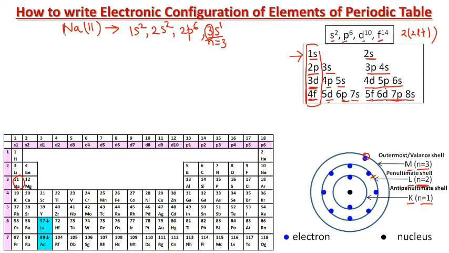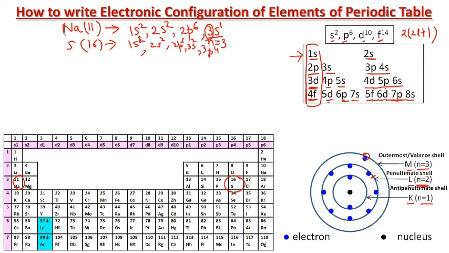Now we will have another example. Say I just want to write the electronic configuration for sulfur. For sulfur 16, the electronic configuration will be 1s2, 2s2, 2p6, 3s2 and 3p4.